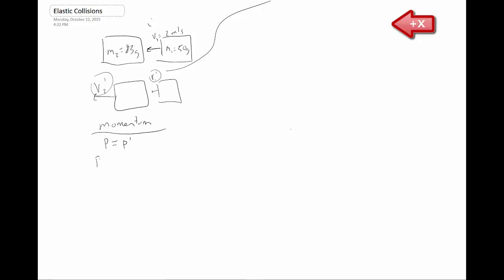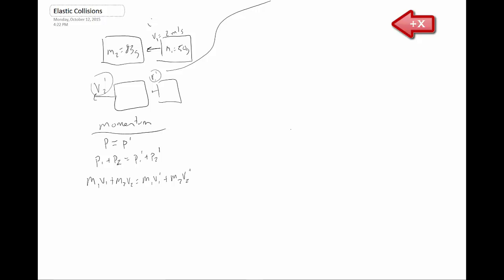We can also break that up into the different cars, and write it as m1 v1 plus m2 v2 goes to m1 v1 prime plus m2 v2 prime.